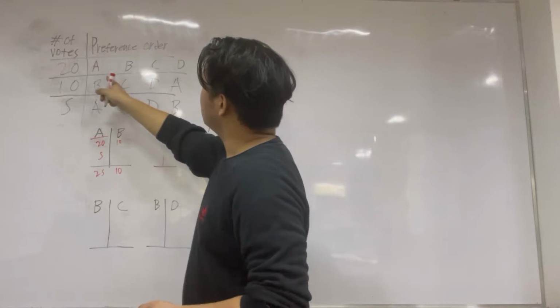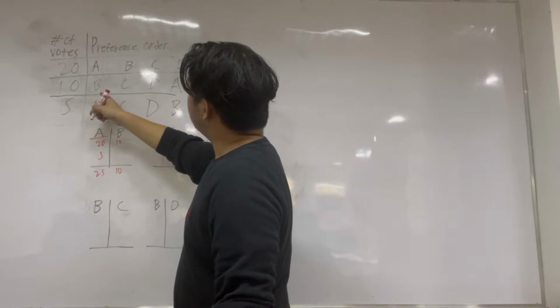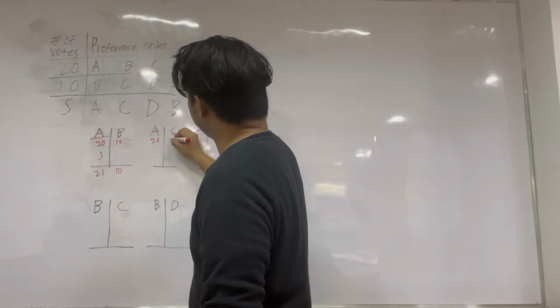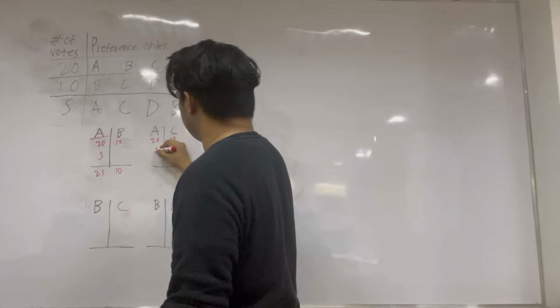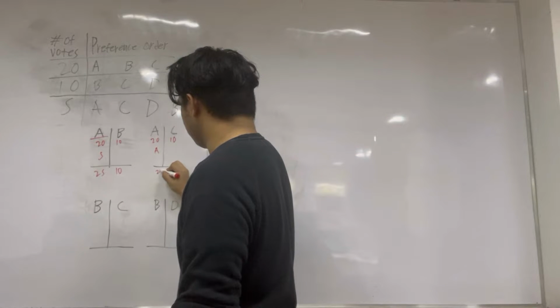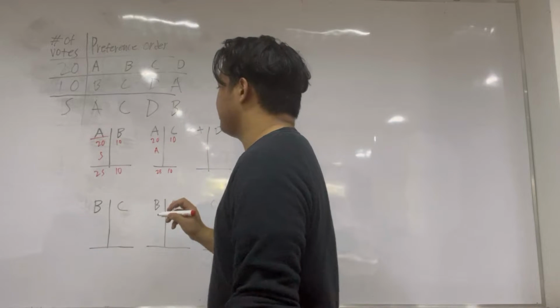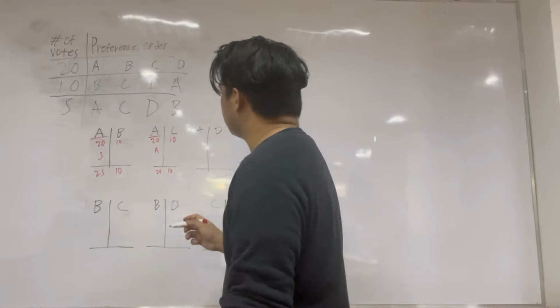Now, next up is A versus C. Same goes, 20 prefers A, so write 20, while in this one, 10 prefers C. And lastly, 5 prefers A. So if we do this, we end up with the same result, 25 to 10, of which by basis of majority, A wins.